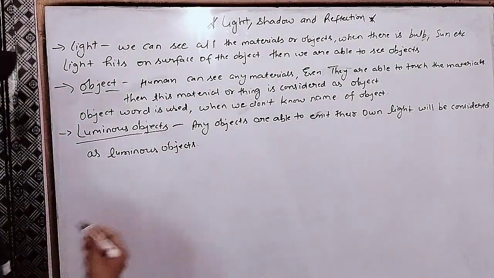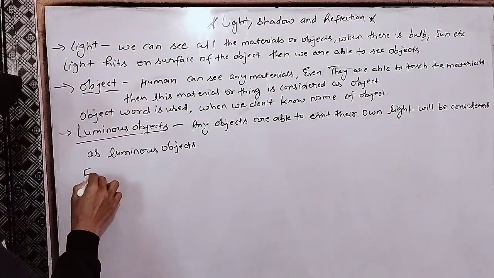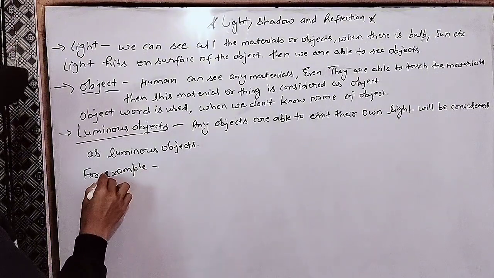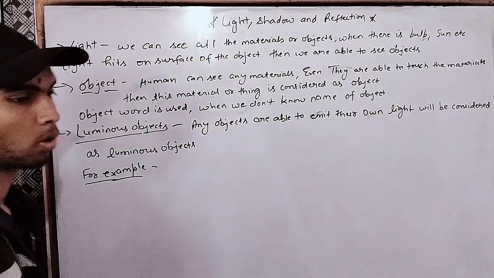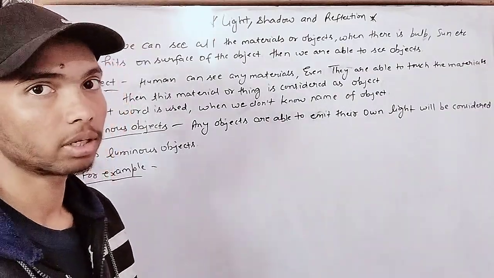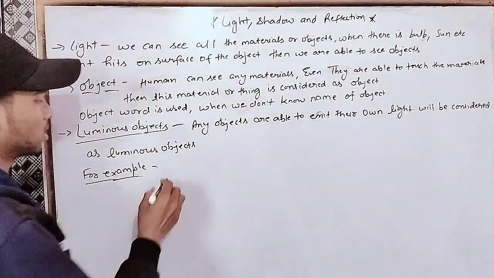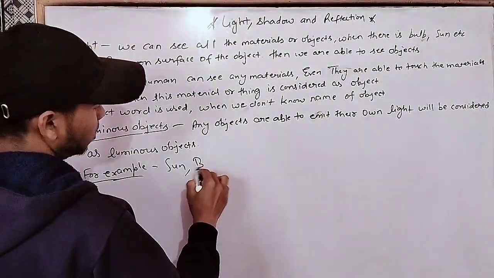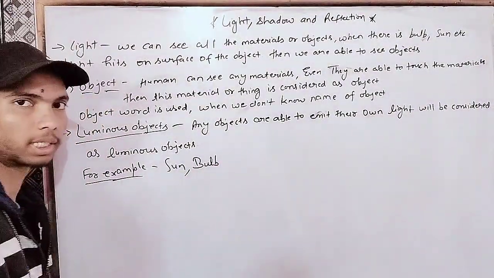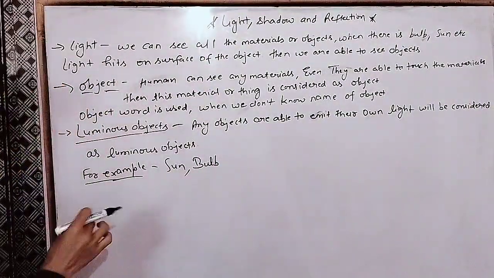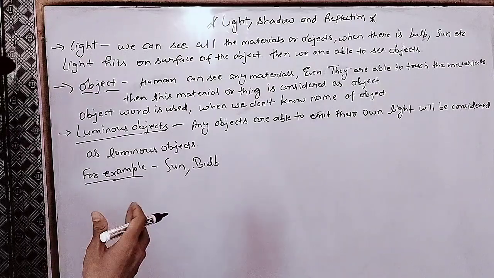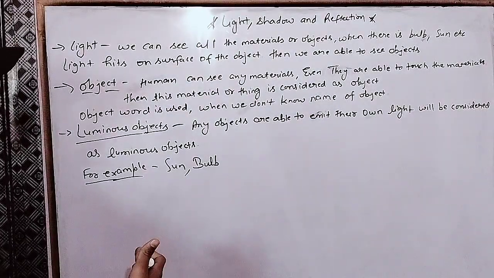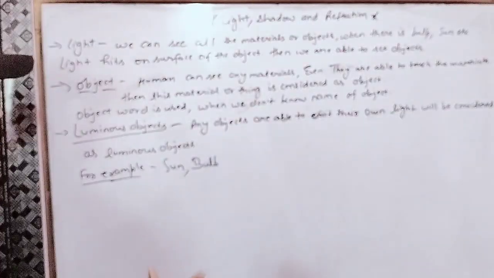Clear? For example, the sun emits its own light. If you didn't understand, don't worry. After the explanation of non-luminous objects, you will see the difference, and from the difference you will be clear.